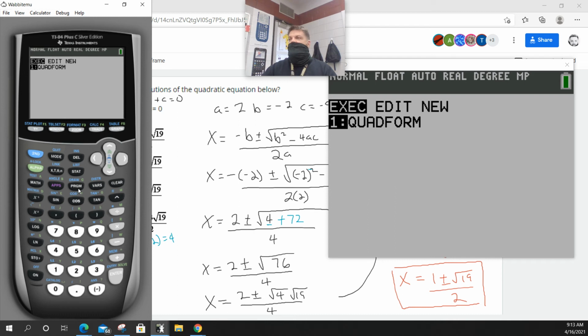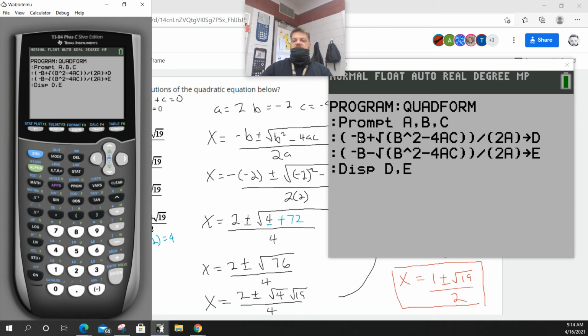Right now we only have one program in the calculator. It says quad formula. The only thing it does is this math for us. If I show you the program, all it does is plug in B where B is supposed to go, A where A is supposed to go, and do the math.